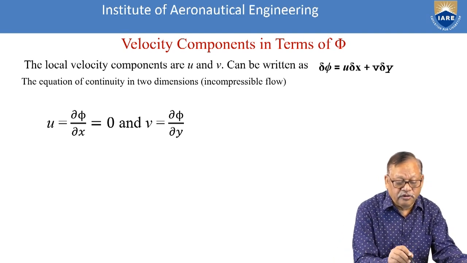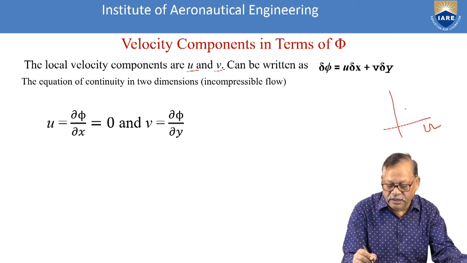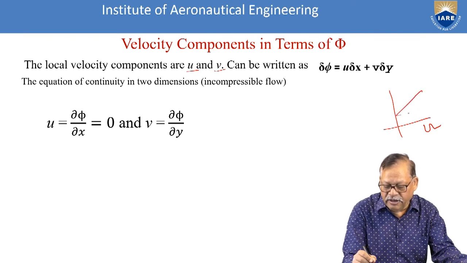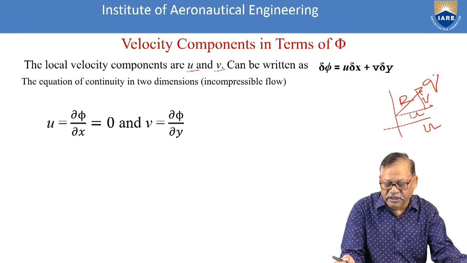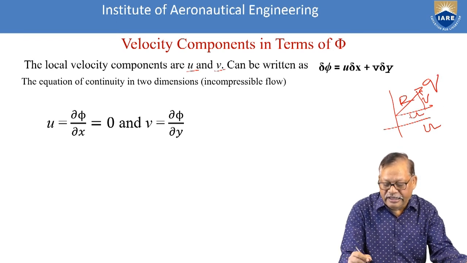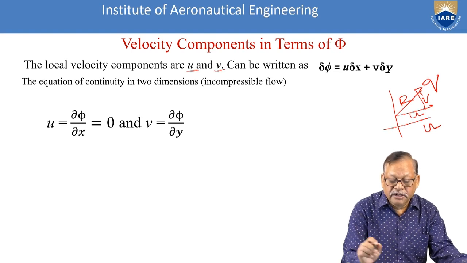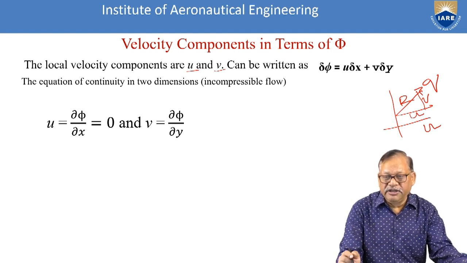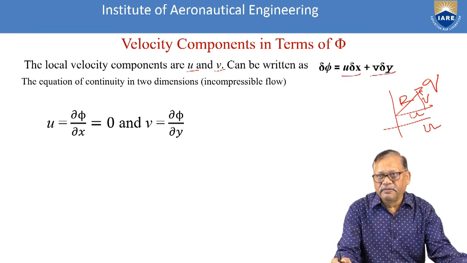The local velocity components are U and V. If we have the velocity Q, it has the two components U and V. This can be written as d phi is equal to U dx plus V dy.